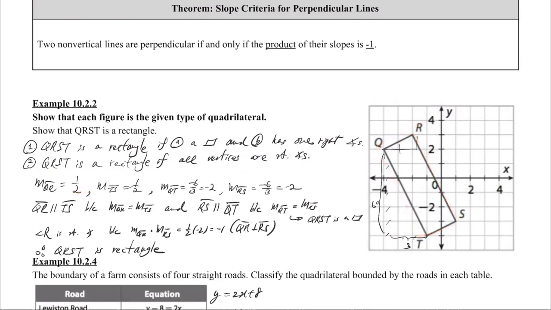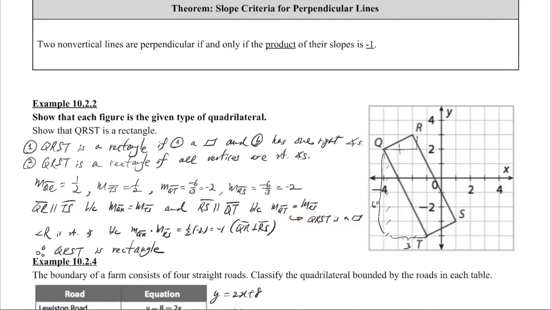I didn't bother writing out all the steps, but QR is 1/2 and ST is 1/2, so they're parallel, because the slopes are equal to each other. And then the QT slope is -2, and the RS slope is -2. So they're equal to each other. In this case, I just counted them. They're parallel because the slopes are equal. And that right there, I arrowed it out and said QRST is a parallelogram.